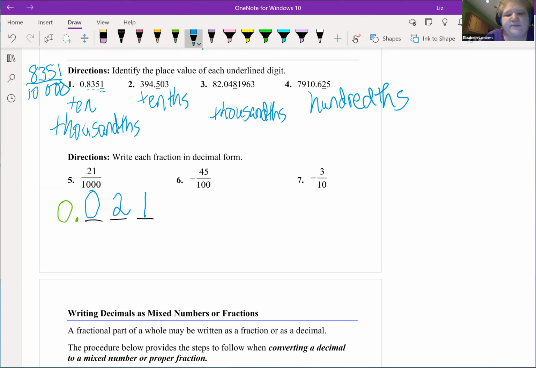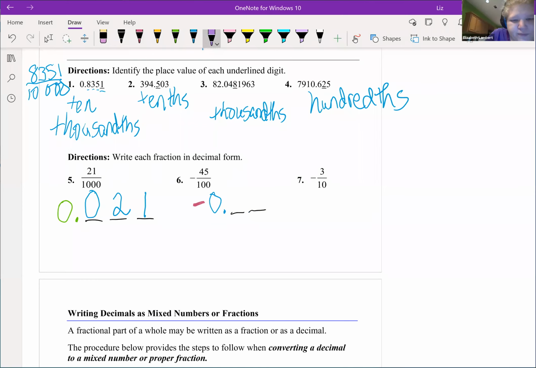All right, so on number 6 here, it's negative, so we're going to start with that negative, and otherwise it has no bearing on this. Again, it's not bigger than a whole, so it is 0 point. And then I have 45 hundredths. So let's start with tenths, hundredths. All right, so 2 places and we got 2 digits.